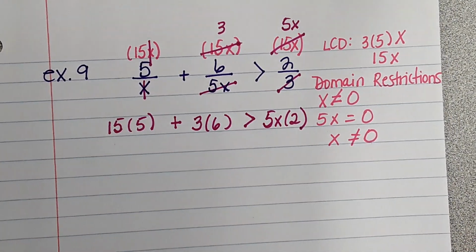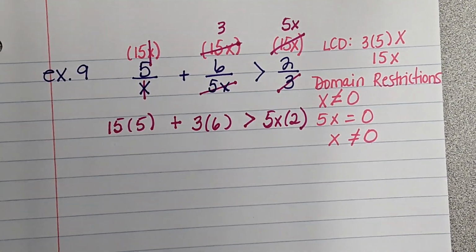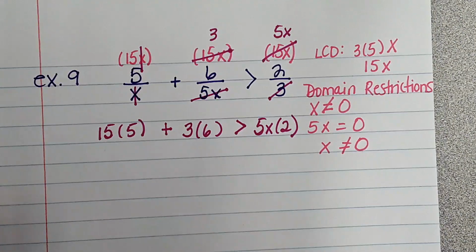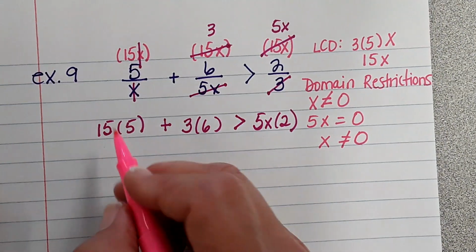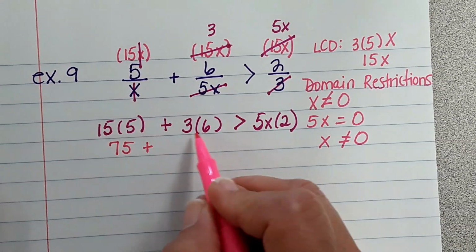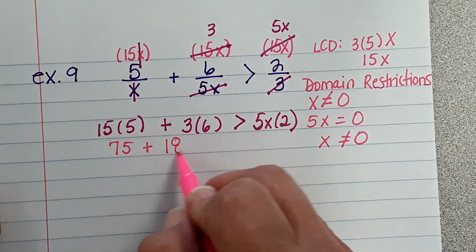Now, you can't do this when you're adding and subtracting rational expressions. The only time you can get rid of the denominator is when it's an inequality or an equation. Okay, that's the only time. So in 8.2, you can't do that. Now we're going to multiply. What is 15 times 5? It is 75. What is 3 times 6? 18.